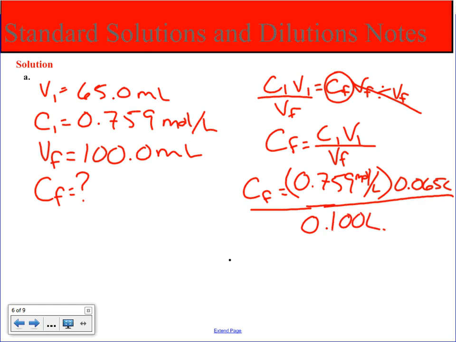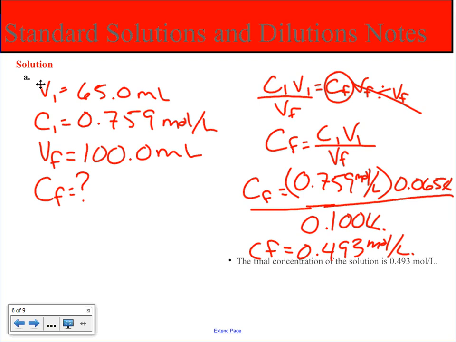My liters cancel out, so my final concentration is equal to 0.493 moles per liter, putting that in my calculator. And if I look here, it says the final concentration of the solution is 0.493 moles per liter.